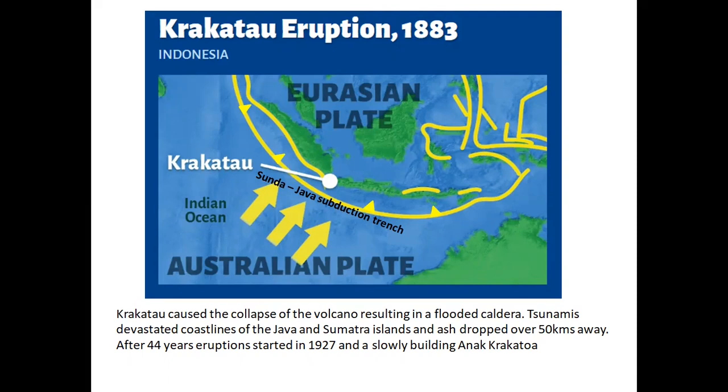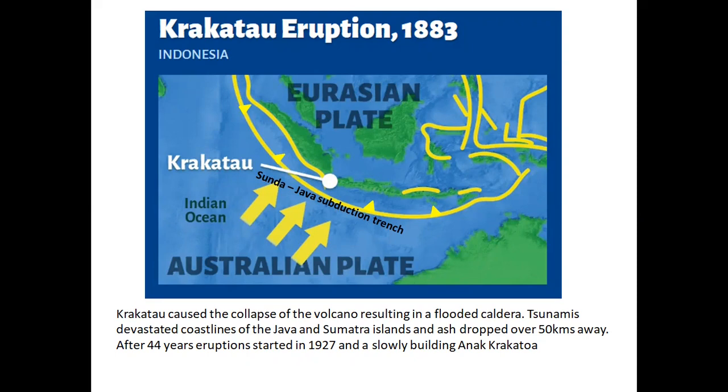And just a small cinder cone, or small significant volcano, but nothing like the original Krakatau, which entirely disappeared in the eruption of 1883. Tsunamis at that time devastated coastlines of Java and Sumatra, and ash dropped over 50 kilometres away. And it was 44 years before Krakatau surfaced and started to build a new volcanic cone.